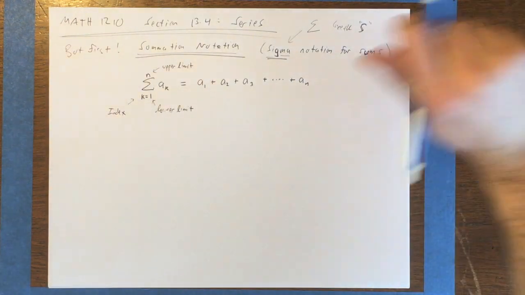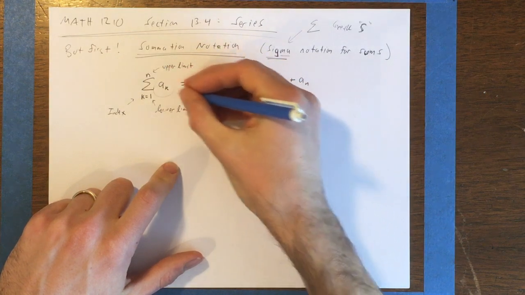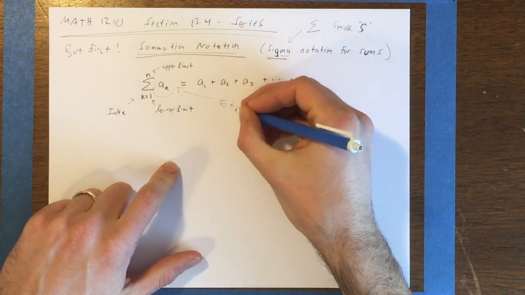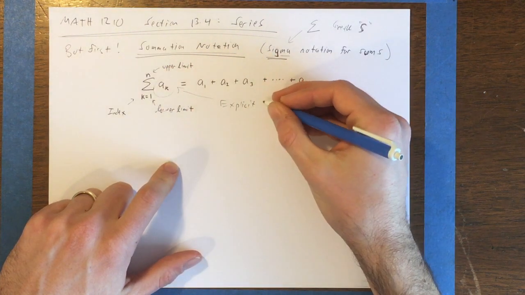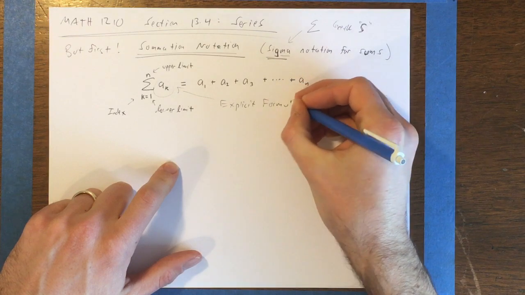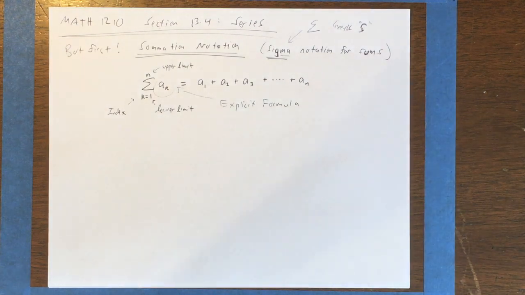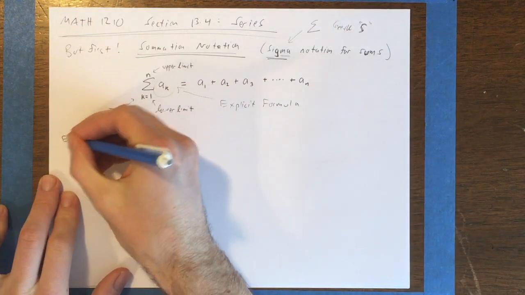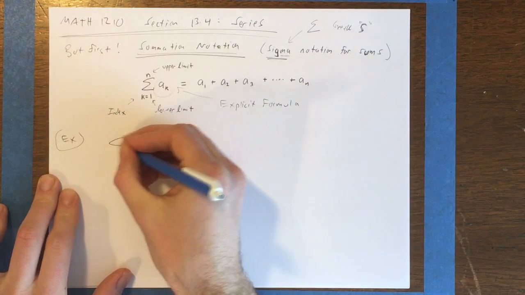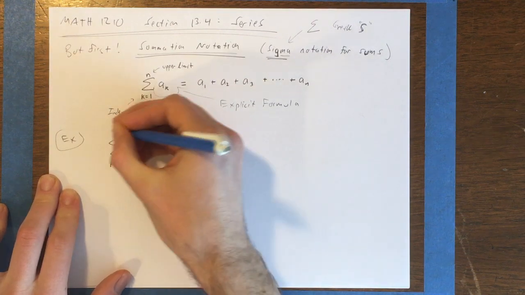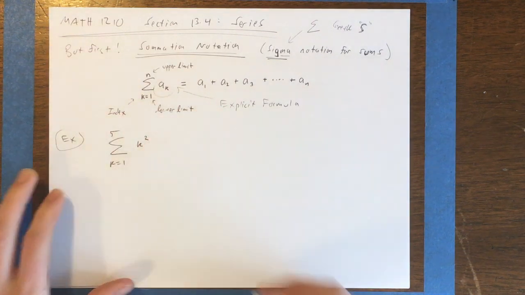Now usually in here, you're going to put an explicit formula for the sequence, so that we can just plug in the numbers 1, 2, 3, 4, etc., and know what to add up. So let's do an example. Let's say you want to sum from k equals 1 to 5 of k squared.